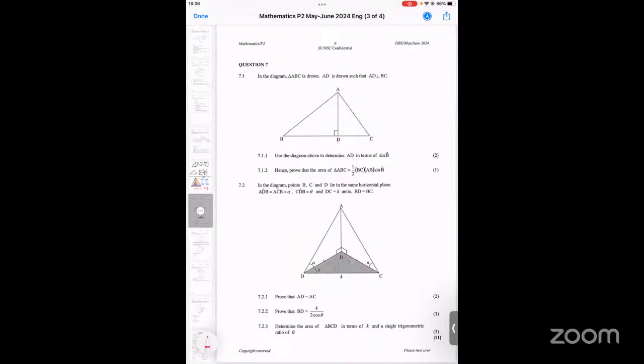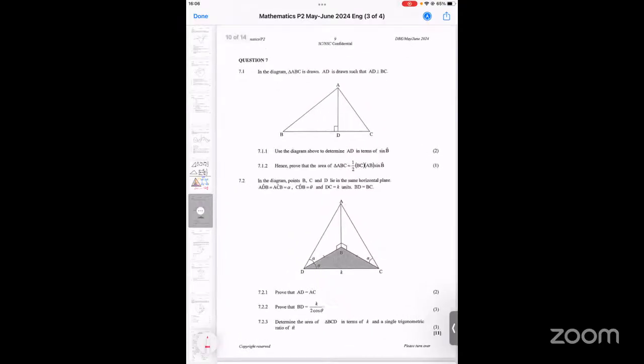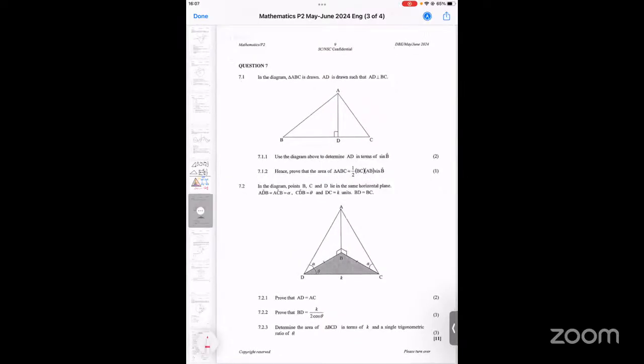And now they say use the diagram above to determine AD in terms of sine B. Okay, there's a question. Didintle, think about it. If you want to write it down on your side, you can do so. Once you figured out a possible way to work it out, then you can let me know. Okay, sir.